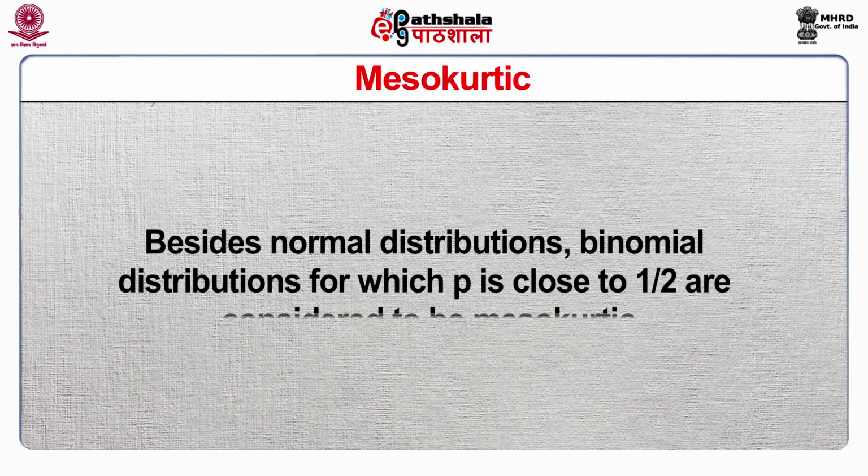Not just the standard normal distribution is said to be mesokurtic. The kurtosis of a mesokurtic distribution is neither high nor low. Besides the normal distribution, binomial distributions for which p is close to 1/2 are considered to be mesokurtic.